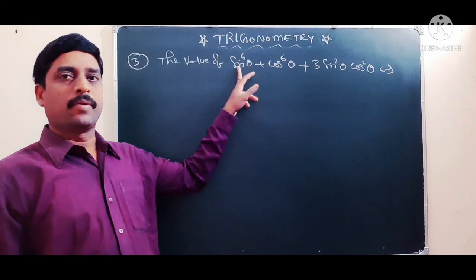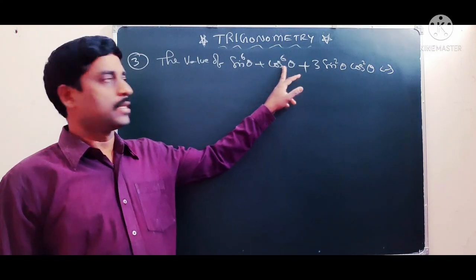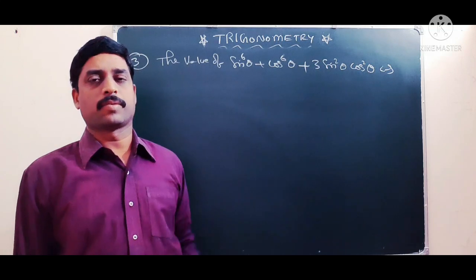Okay, let us go to the next problem. The value of sin to the power 6 theta plus cos to the power 6 theta plus 3 sin square theta into cos square theta.